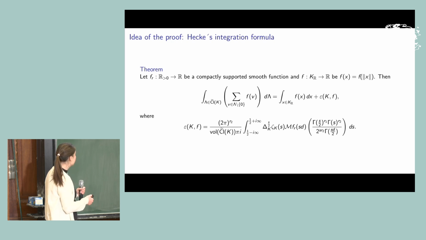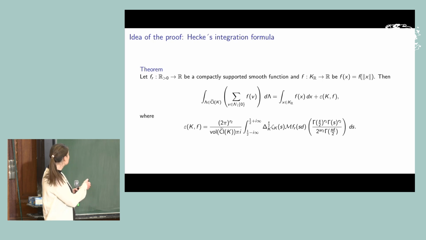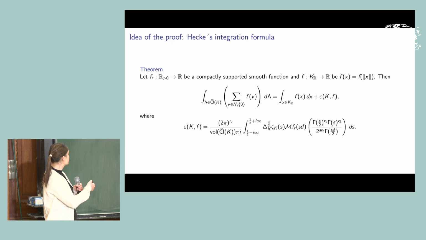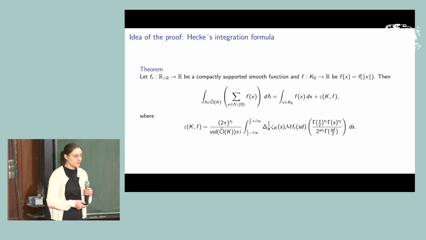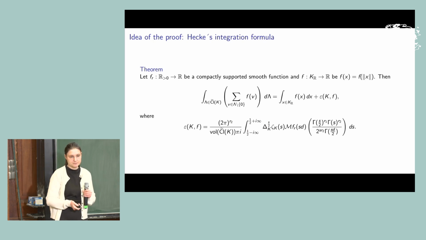Here the idea is more or less standard and uses standard tools. The first step is to use Hecke's integration formula. It allows us to relate the error term to a certain contour integral where the Dedekind zeta function of our number field is involved.